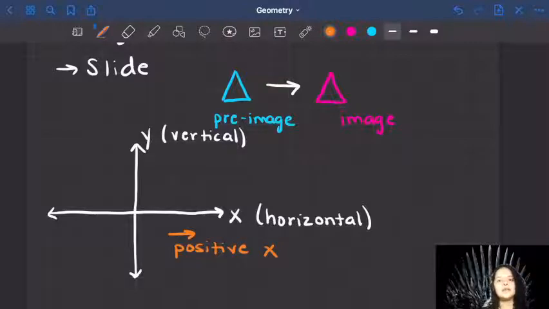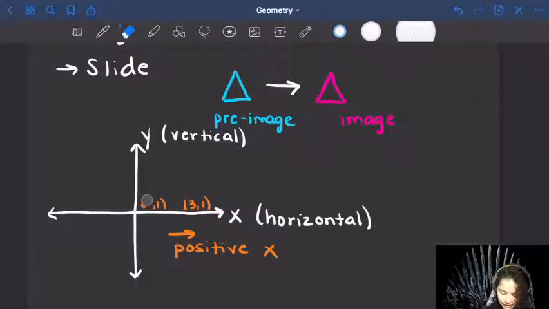So think of it as like if I have a point, let's say right here at 1, 1, and I'm moving it 2 units to the right, notice if I go 2 units to the right here, the figure was at 1, 1, and now it's at 3, 1. So notice how x became more positive, okay?